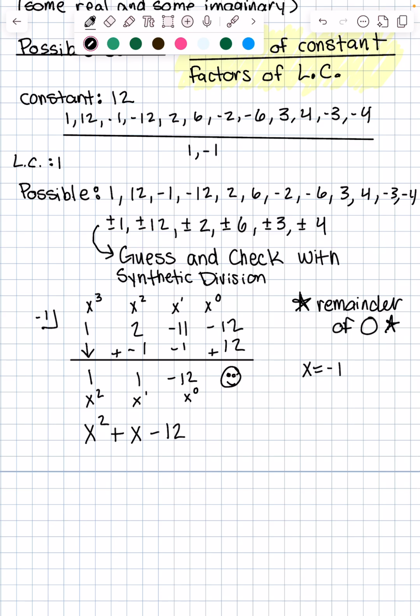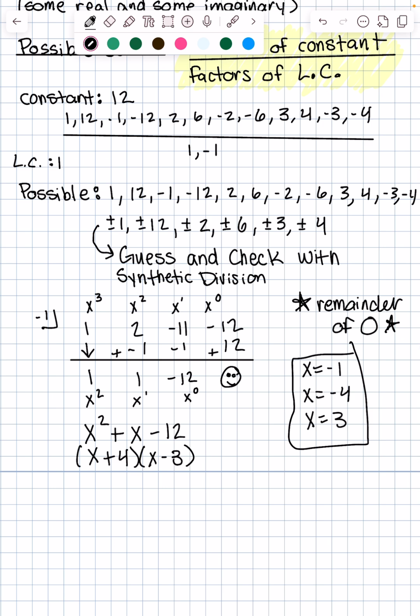And then from here, we can factor and get our other two zeros. So what this would look like factored is x plus 4 times x minus 3. And then from here, we get our other two zeros for x, -4 and +3. Okay, so all of these solutions were real, but we got our 3 answers for x here.